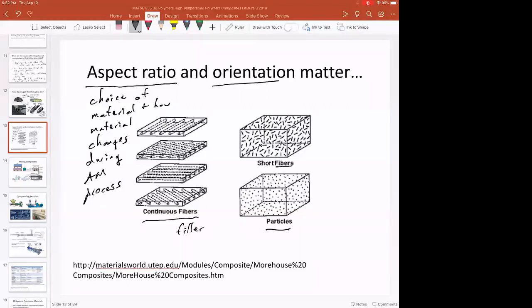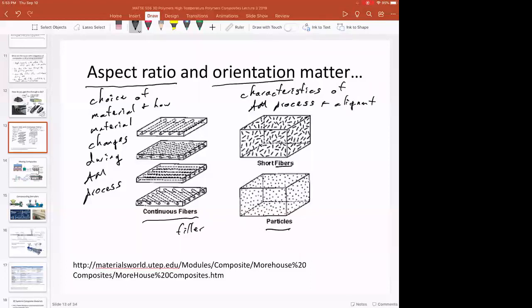And orientation really has to do with characteristics of the AM process and alignment.